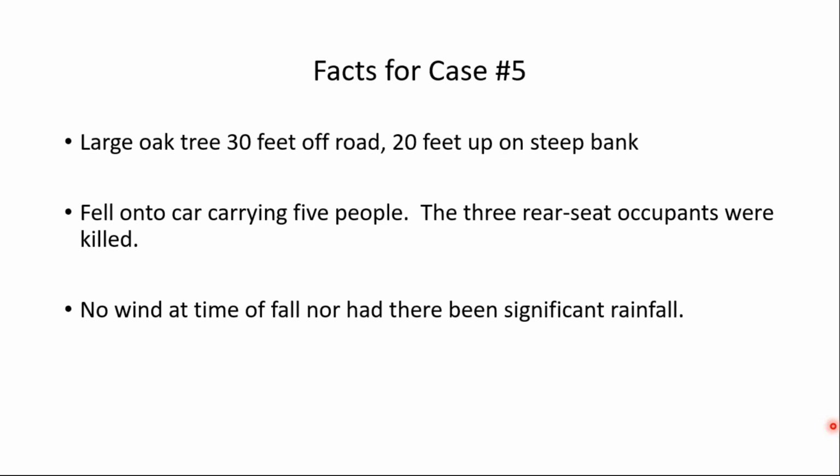All 5 of them had been to church this Sunday morning, and after church, they were driving to a local restaurant to have Sunday dinner. So obviously there was no alcohol or anything like that involved. There was a vehicle in front of them, and a witness said that this vehicle had been following him for 5 or 6 miles.